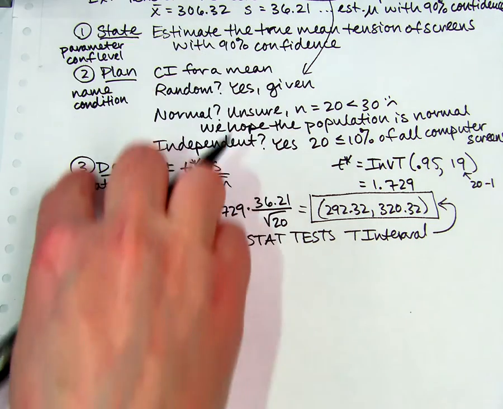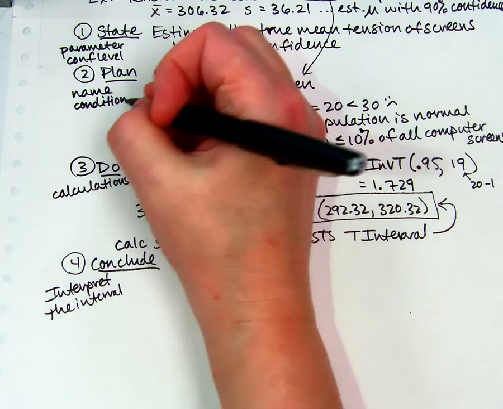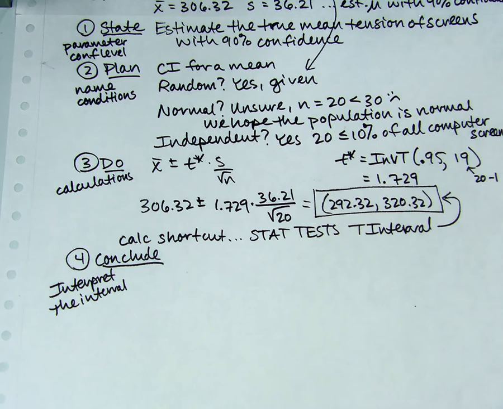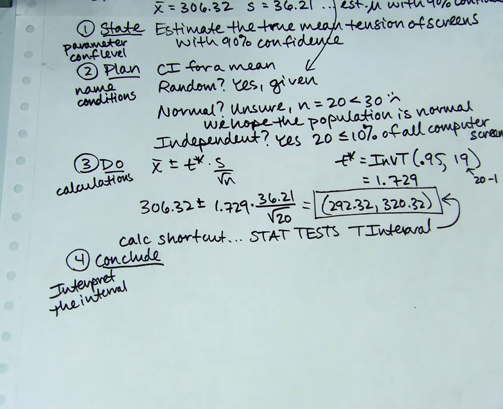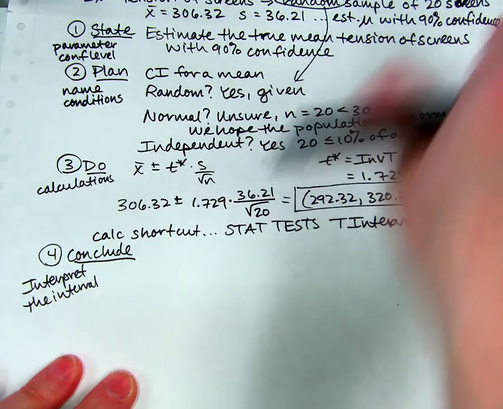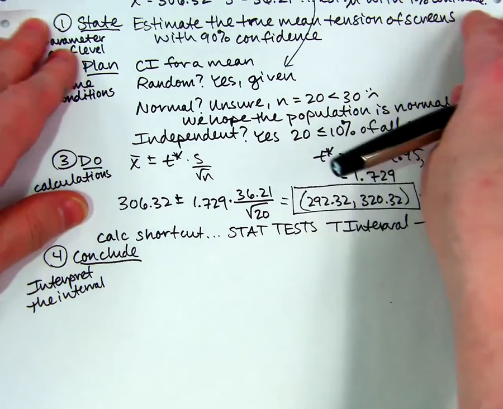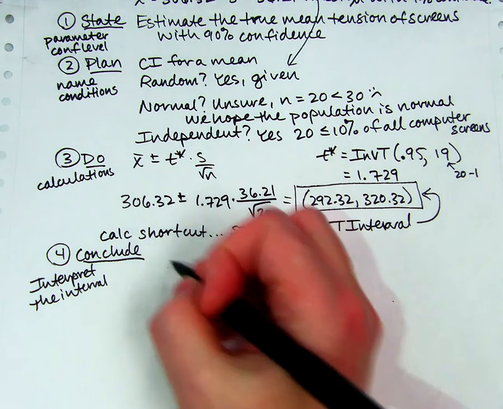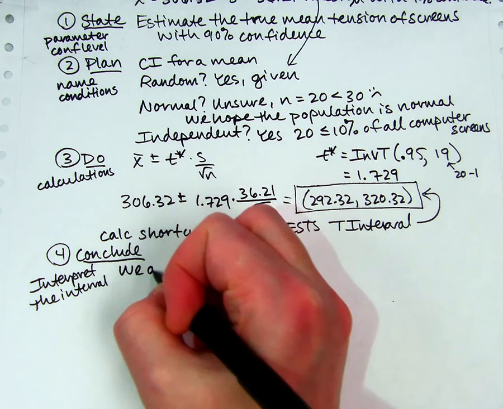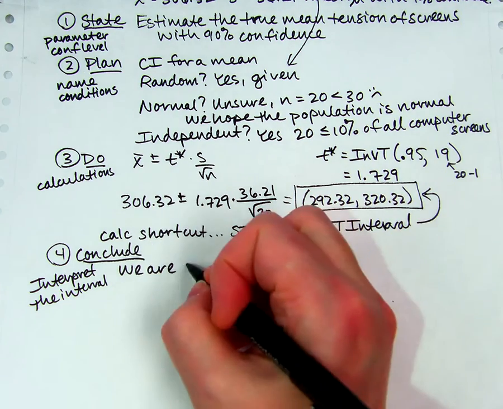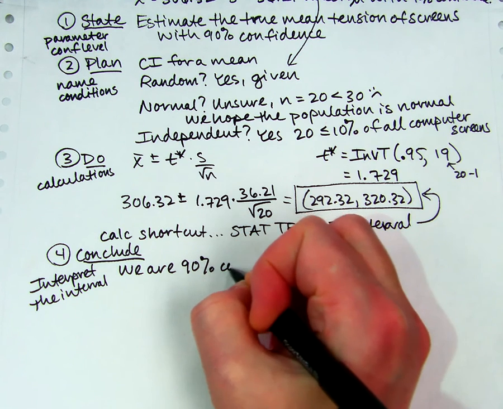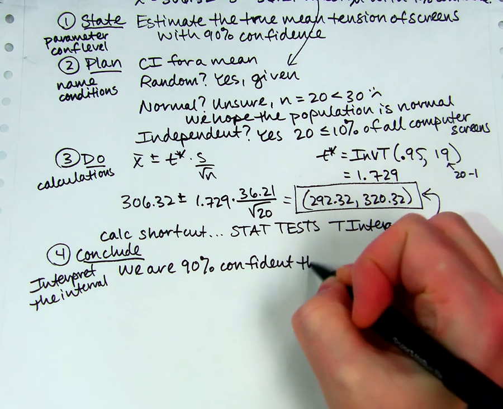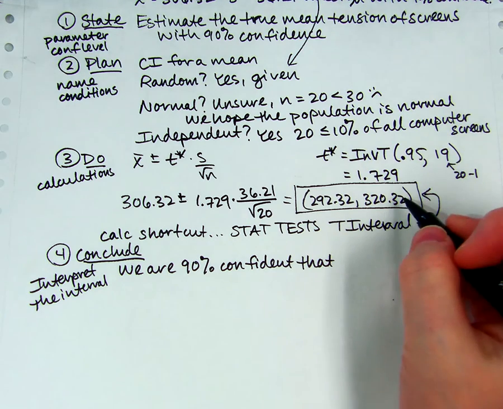So these things off to the side are the same instructions I gave you last time for proportions. So that's why I'm not putting details on those, because I feel like we've already done the details. We'll put it on the chart for sure, though, the details later on next week. So we are, how confident are we? We're 90% confident that here again, the book likes to put the interval first.